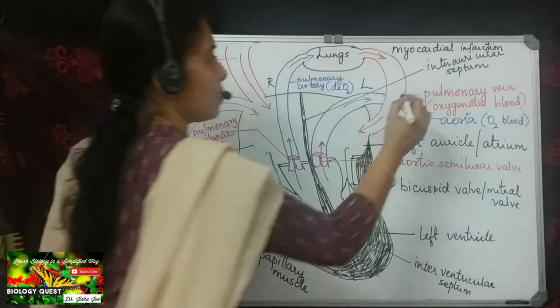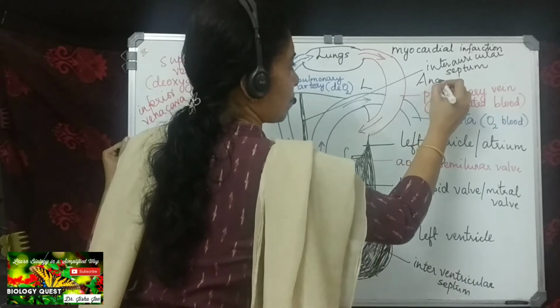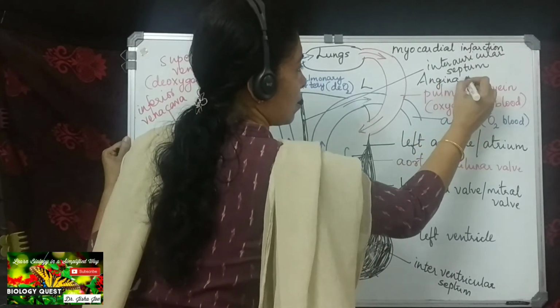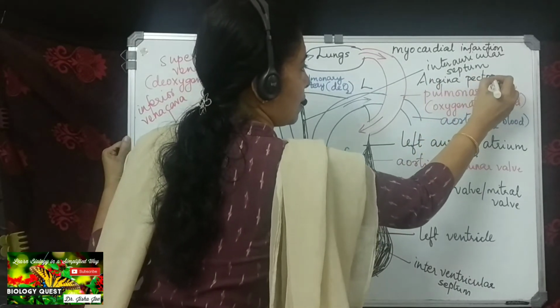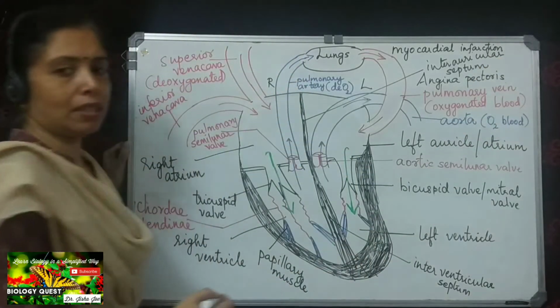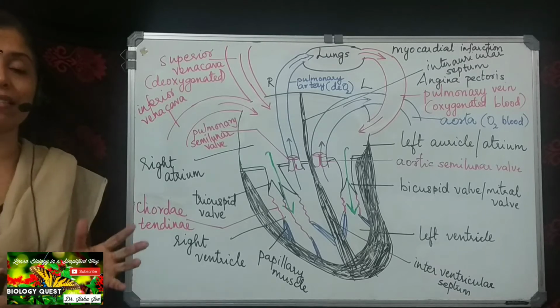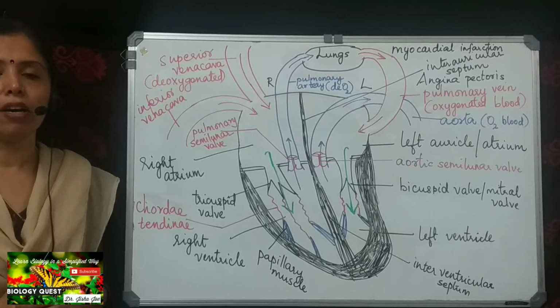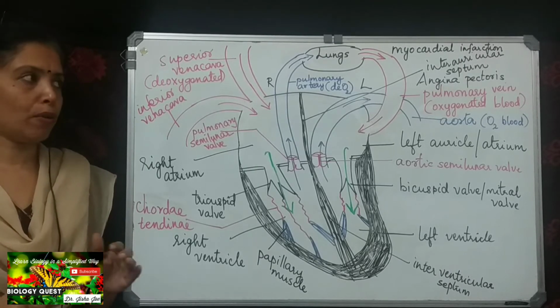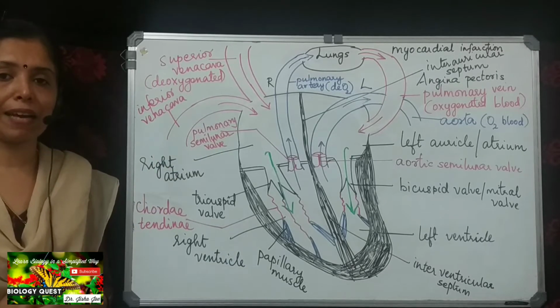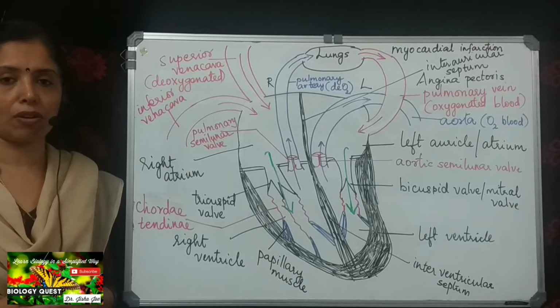Angina pectoris is a condition in which we feel a pain in our chest due to the insufficient supply of blood to the heart muscles. So I hope the difference between myocardial infarction and angina pectoris is clear.